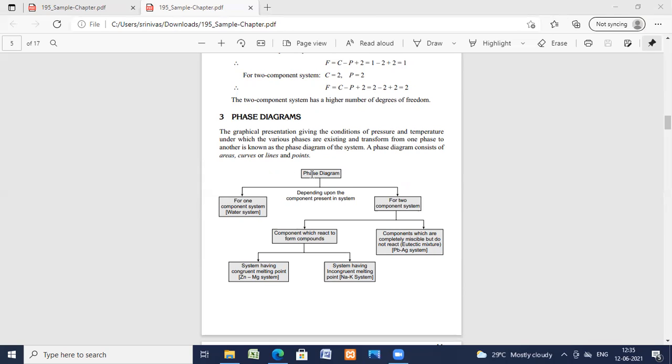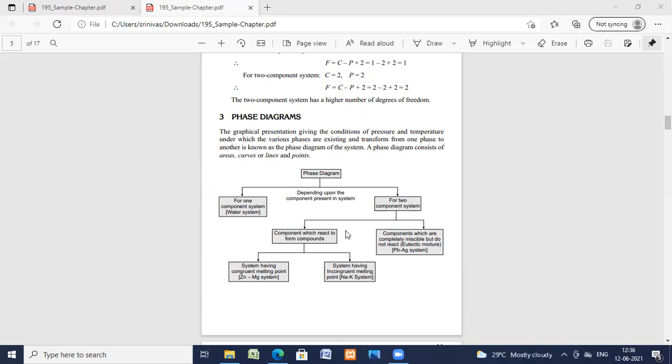Now we'll see how a phase diagram is classified, depending on the components present in the system. For a one component system, the example is the water system. If it is a two component system, there is a further classification: components which react to form compounds, and components which are completely miscible but do not react.